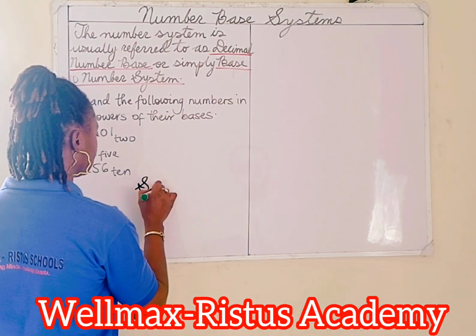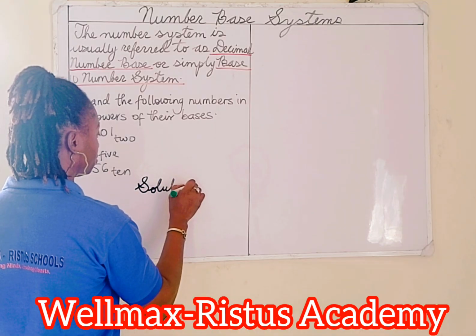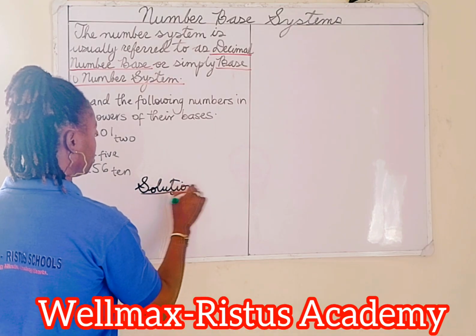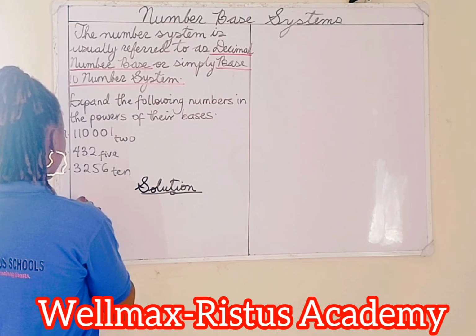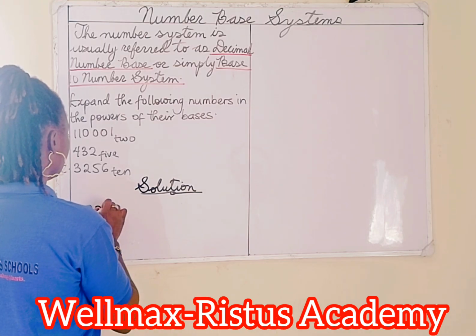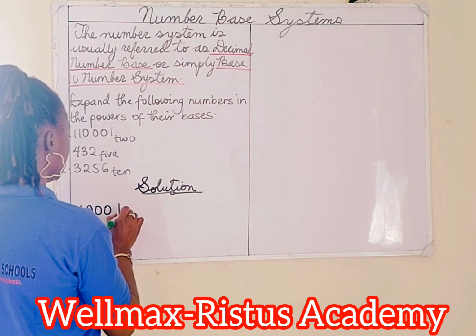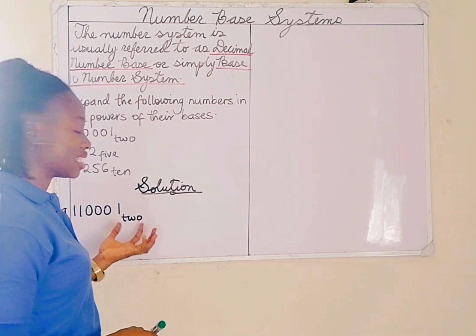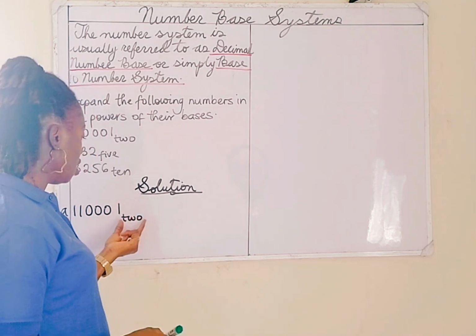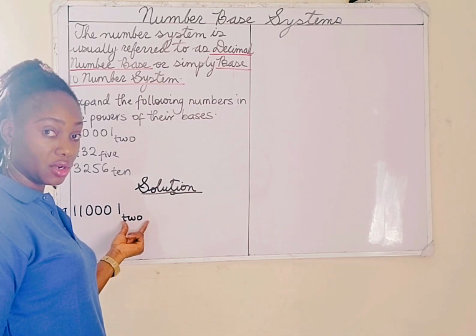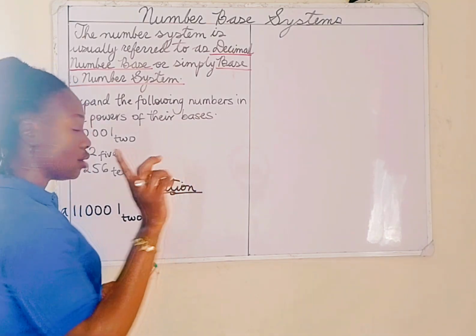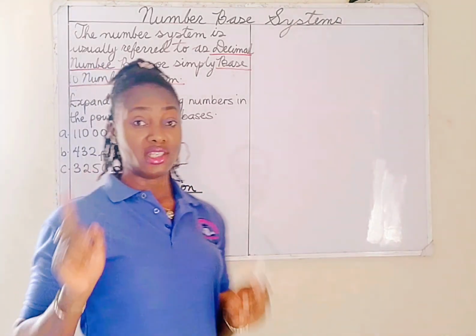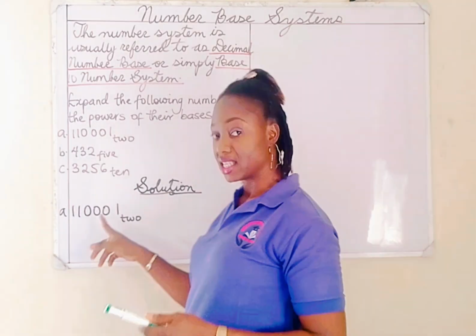Solution. A, we have 110001 in base 2. We want to expand this number according to the base number of 2 here. Before we do that, we need to know how many digits we have before we can expand this number.